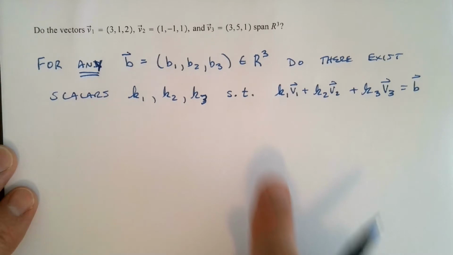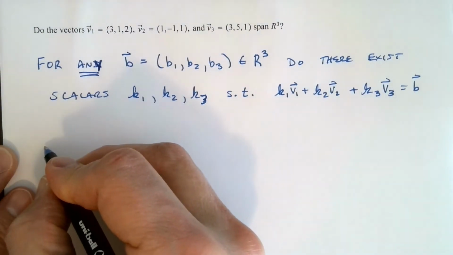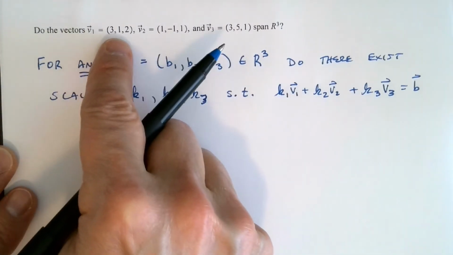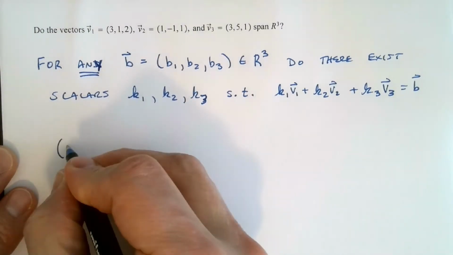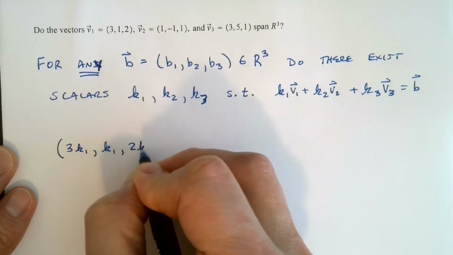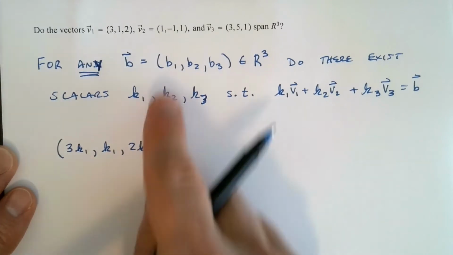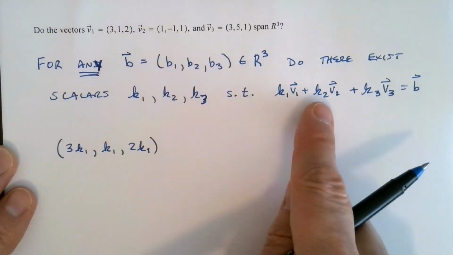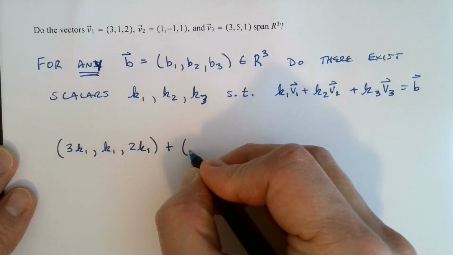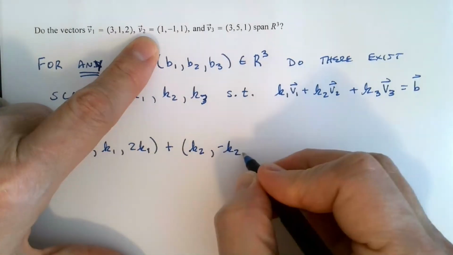Okay, let's see, what does this equation look like? I've got k1 times v1. If I scalar multiply v1 by k1, what do I get? I get 3k1, 1 times k1, 2 times k1. I just scalar multiply every component. Then k2 times v2, so I'm going to add that: k2 times 1, negative k2, and k2.